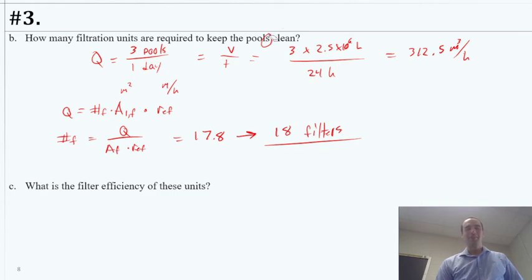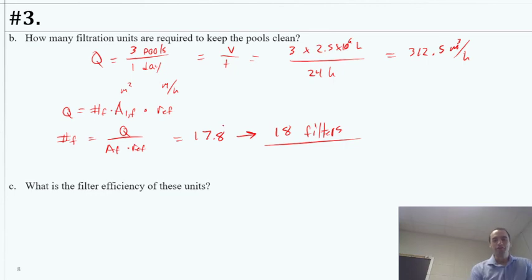So if you felt that's unfair, you can talk to me about the grade after. Fair enough. If I accidentally did a typo there and just had to keep the pool clean, then your answer would probably be correct, right? So perhaps I should only count off 1 point because it's such a small error to make, right?